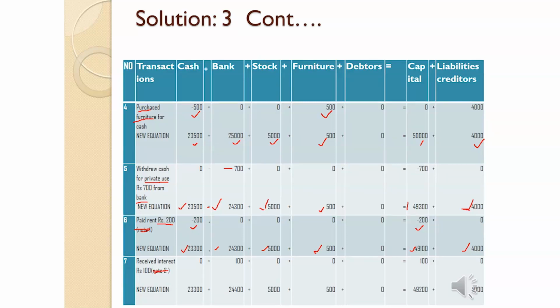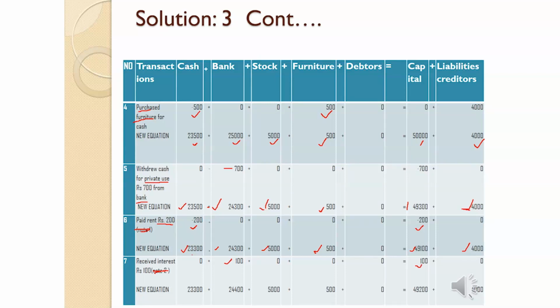Then the next one is received interest, 100 rupees. So interest received is income for us. So automatically the amount of capital will be increased and cash is also increased. So we already have bank balance 24,300 plus 100, 24,400. Here 23,300. Then stock value 5,000, here 500, here 49,200, here 4,000.